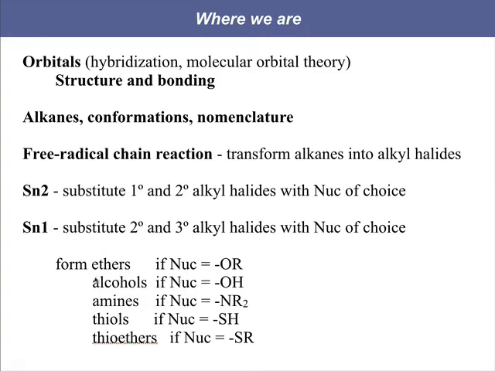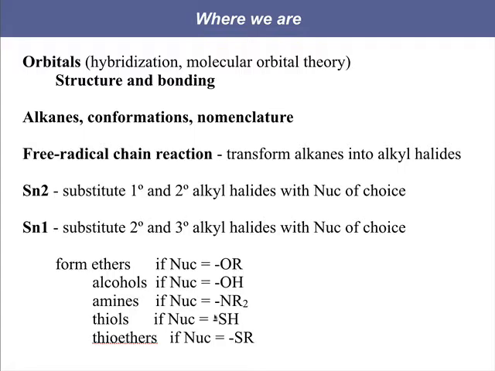I want to point out that depending on the nucleophile that you use, you can determine what your functional group in your product is going to be. If you substitute an alkyl halide with alkoxide, OR minus, you get ethers. If you substitute your alkyl halide with a hydroxide, you get alcohols as your product. If you substitute alkyl halides with NR2 minus, amides, you get amines as your product.